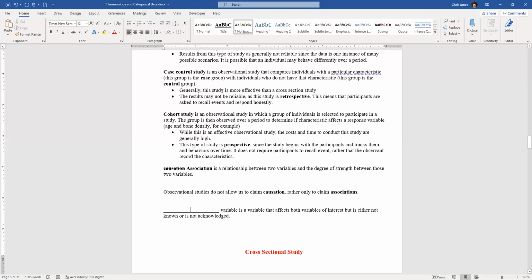Now, sometimes there are variables that really are affecting two different variables, but it's not necessarily acknowledged or known. That's called a lurking variable. A lurking variable is a variable that affects both variables of interest but is not known or acknowledged. All right, and here's an example of that.